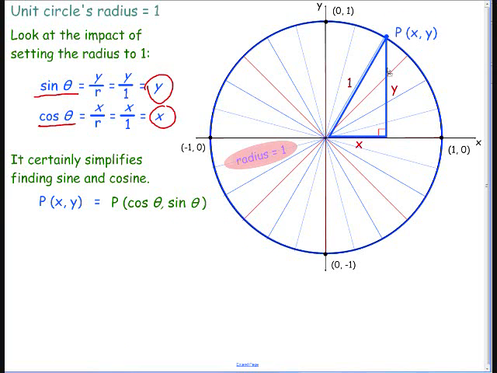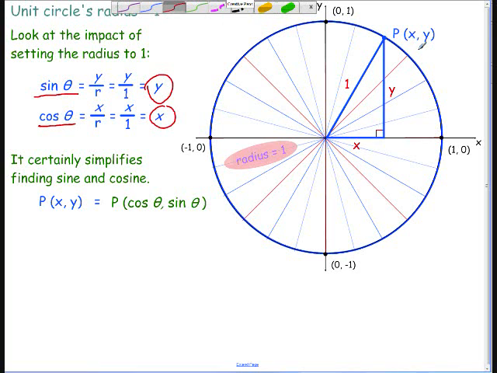So you could have a point on the circle, P, and it represents, as far as a trig function goes, x is your cosine, and y is your sine. Keep that in mind, because when we use the trig circle with a radius of 1, we can determine quite a bit just by looking at what these point coordinates are.